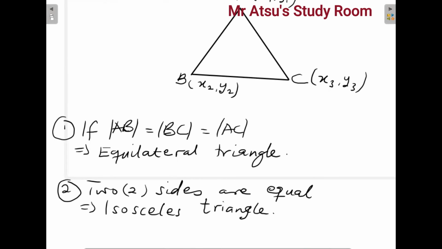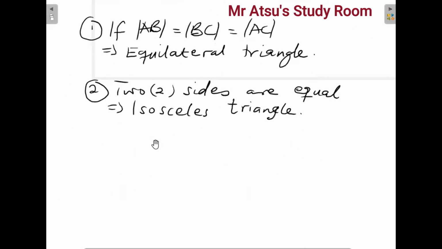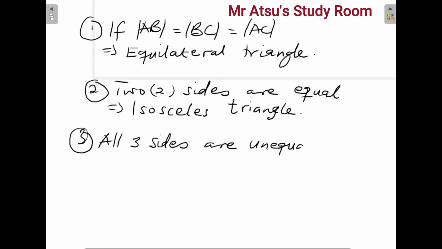Then let's take the next understanding. If after calculation all three sides are different or unequal, then we'll conclude that that triangle is a scalene triangle, because a scalene triangle is a triangle with all three sides unequal.